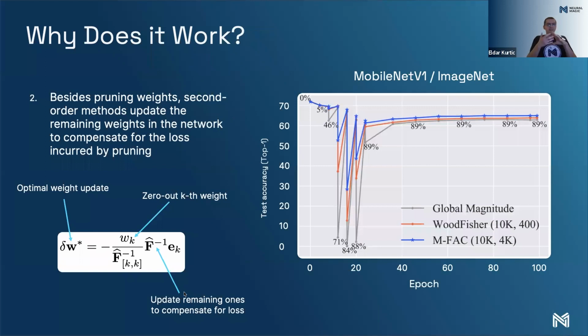And one nice way to visualize this and see the effects of this specific weight update is by looking at this plot here, where we applied gradual pruning on top of the MobileNet model trained on the ImageNet dataset, and we are looking at the top 1 accuracy, how it evolves over time while we are pruning the model until we reach 89% sparsity.